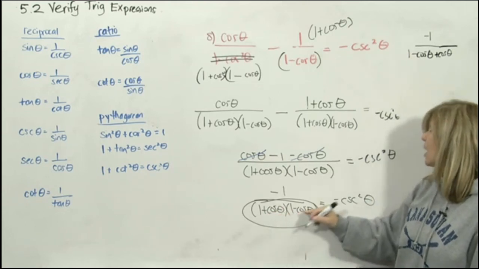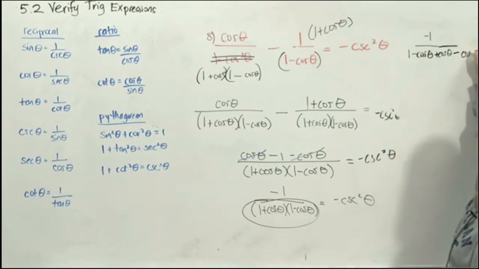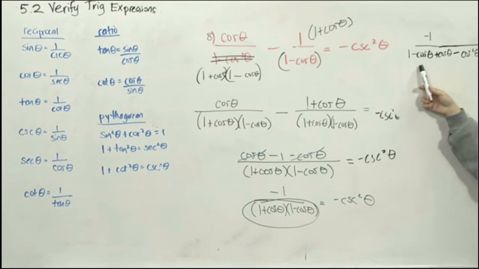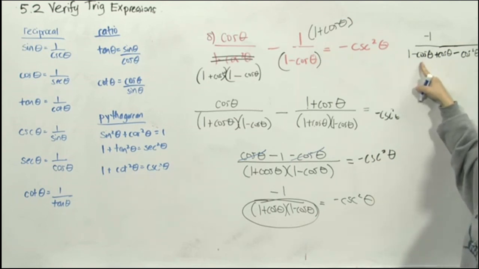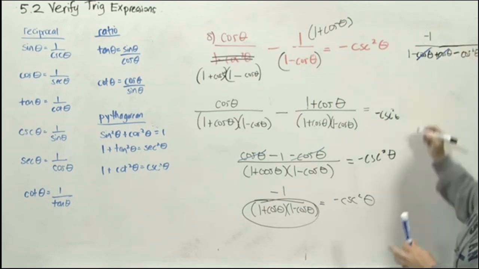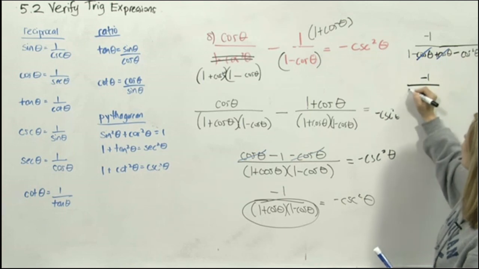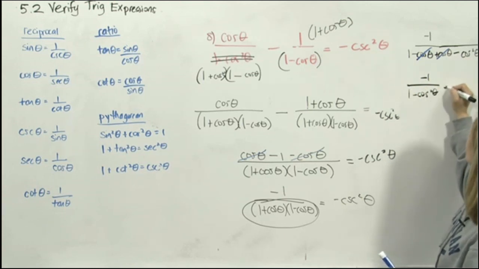Well, a positive times a negative is a negative, and cosine times cosine is cosine squared theta. All right? We know when we do FOIL, we have 4 terms, and if you look, the inners and the outers, negative cosine theta and positive cosine theta, will cancel. They'll make 0. So now you have negative 1 over 1 minus cosine squared theta.